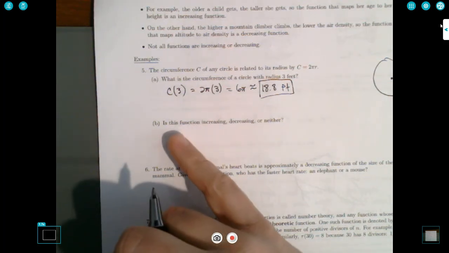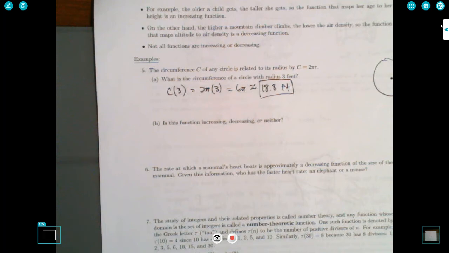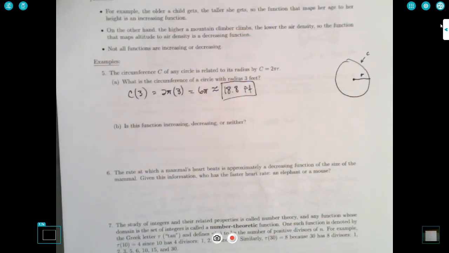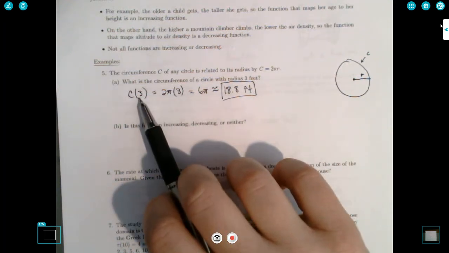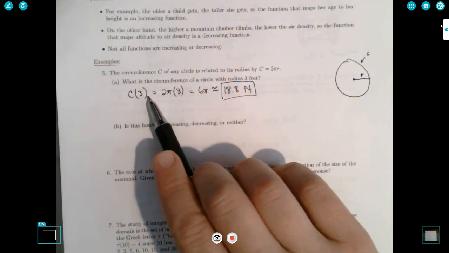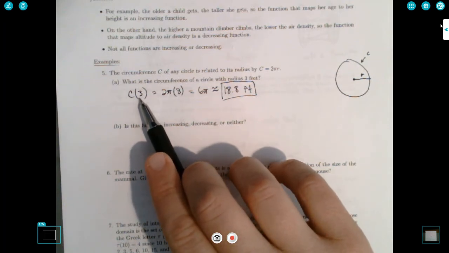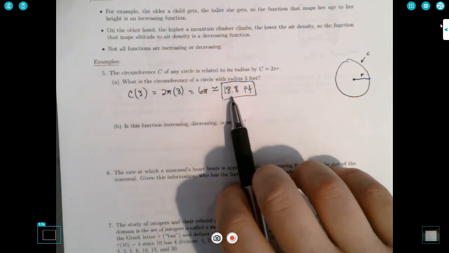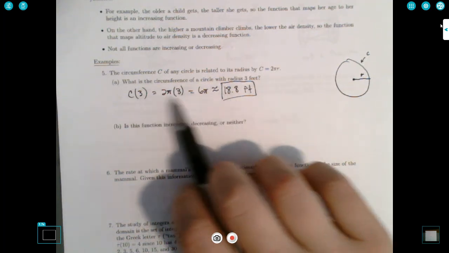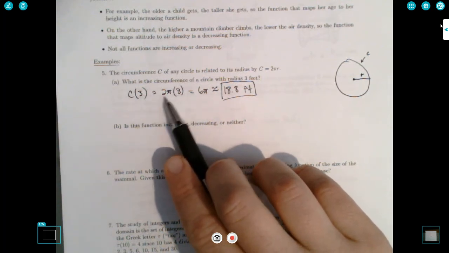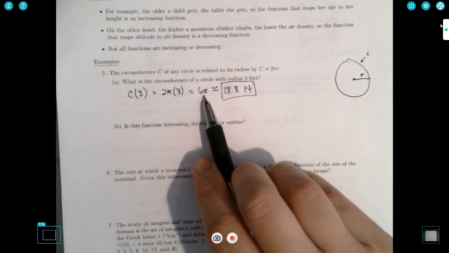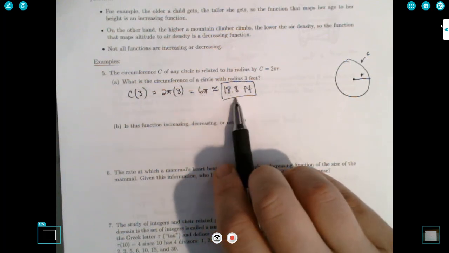Part B asks, is this function increasing, decreasing, or neither? Well, in order to be increasing, we would need for the output to increase whenever the input increases. So imagine if instead of 3, you put in 4. Would the output get bigger or smaller or stay the same? And the answer is it would get bigger, obviously, right? If you plug in 4 instead of 3, this is going to go from 6 pi to 8 pi. 8 times pi is going to be bigger than 6 times pi, of course.